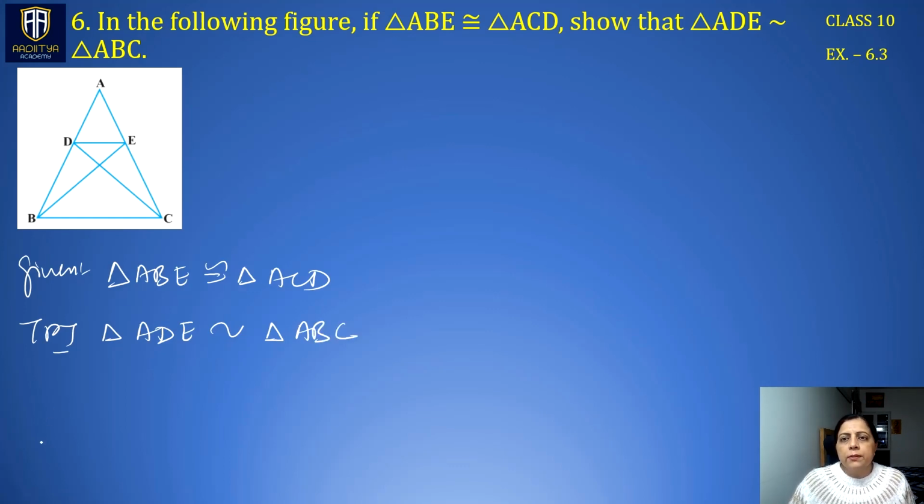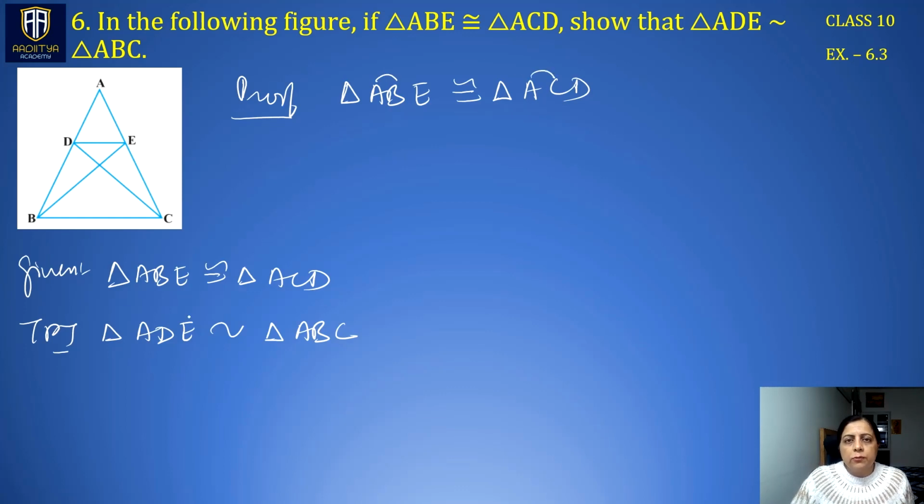This congruency actually gives you so many things that you can use to prove these two triangles similar. So if we start with the proof, what are we given? Triangle ABE is congruent to triangle ACD. Now, if you have learnt this congruency very well, you can say that corresponding parts are equal, as we also use in terms of ratio, angles and similarity.